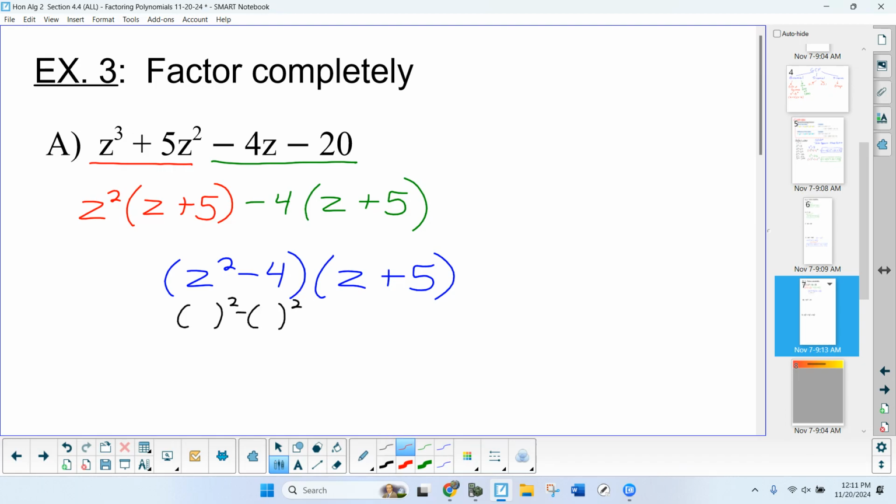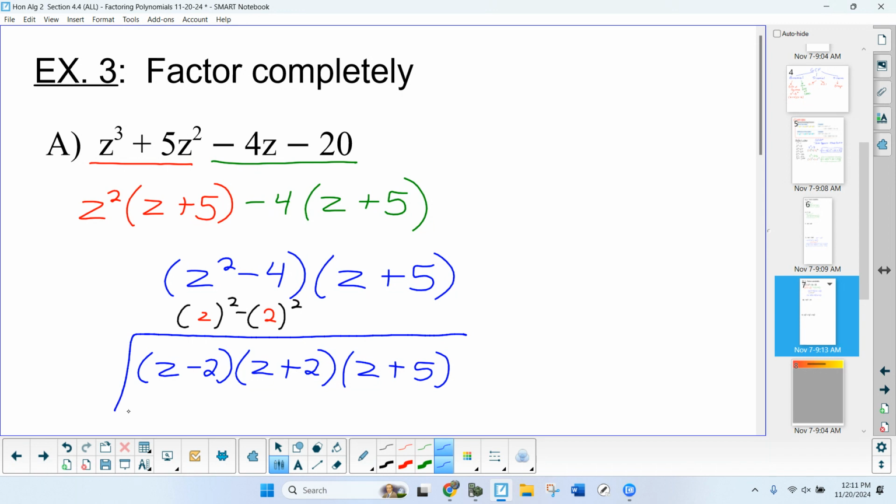This is what squared minus what squared? z and 2. So what does that one factor into? z minus 2 and z plus 2. And then don't forget to bring down that z plus 5. Now they're all linear. Once they're all degree 1, you are done.